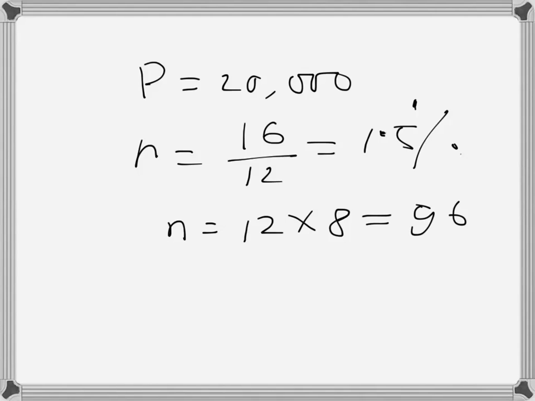After 1 year, what the person owes is P(1 + R), where R is 1.5%, so I can write 0.015 as R here.